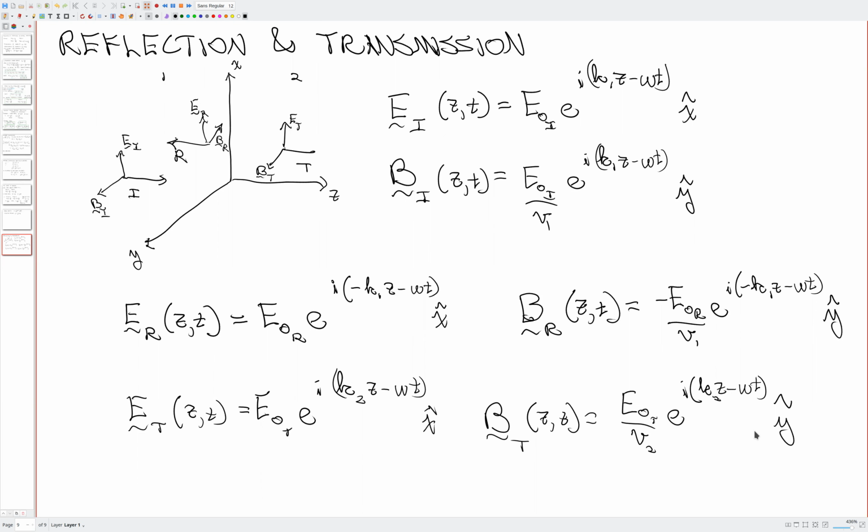Now, what's our game? Our game is simply to satisfy the equations, the discontinuities of the field at the boundary, because that's all we've got. We've got the whole thing now solved independently on the one side and the other side. Why? Because we've used this free waveform, the monochromatic plane wave.